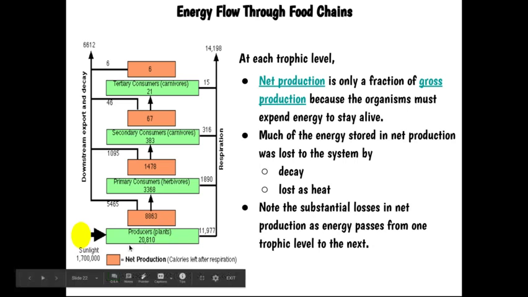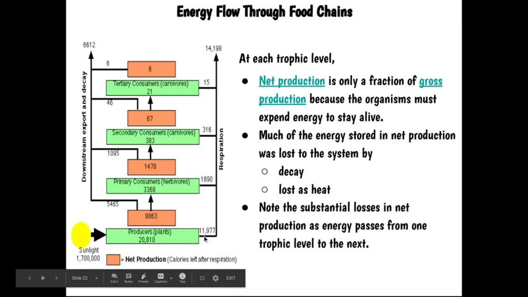So here we have a certain amount of plants and the amount of energy, the primary productivity that is created by the plants through photosynthesis. And here you see the energy lost through respiration.